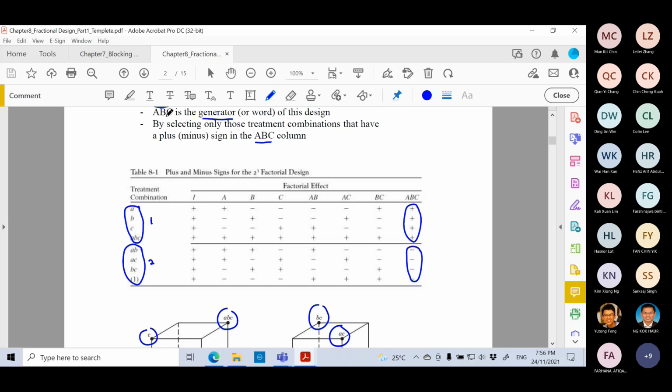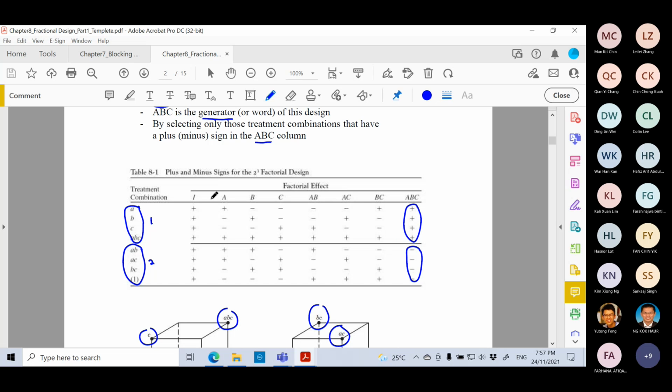Because we use ABC as the generator, we will run all the plus combinations here, or all the negative ones. If we use only these 4 treatment combinations, we can estimate the important factors through these 4 only.